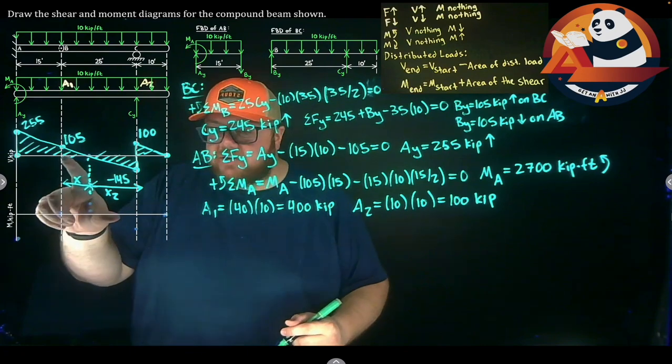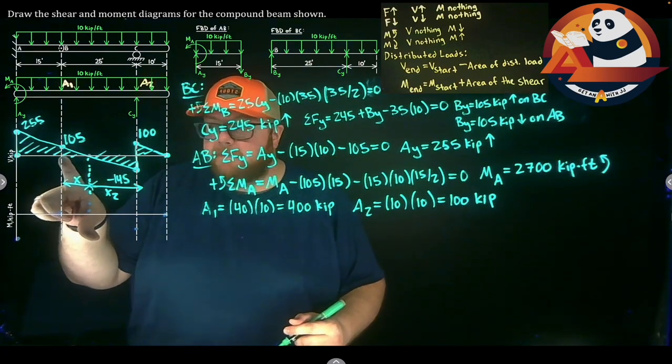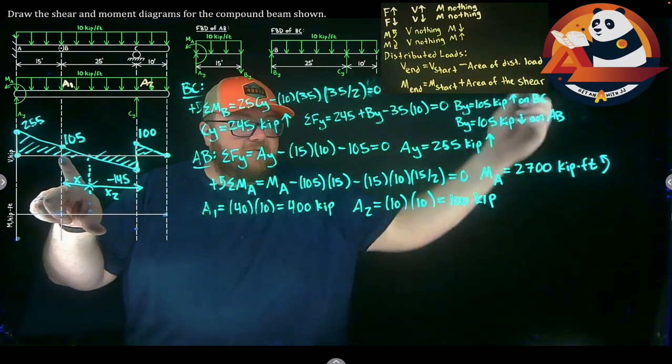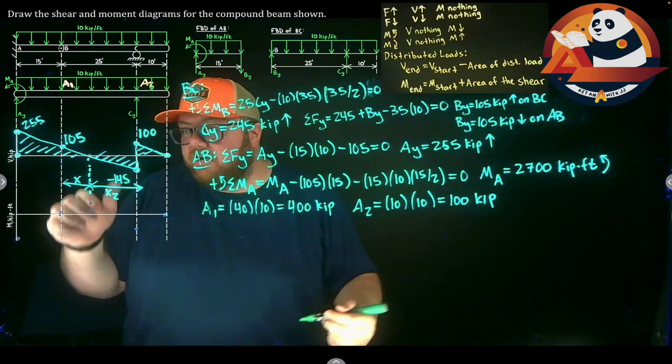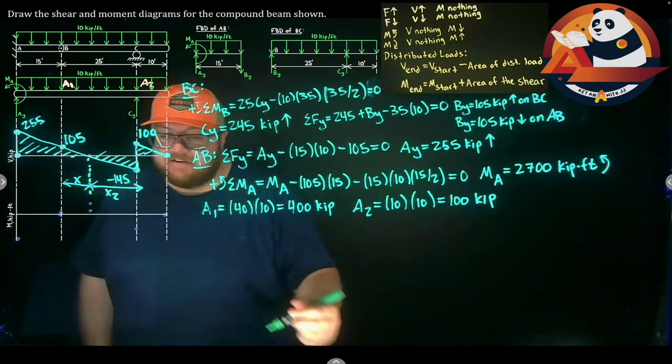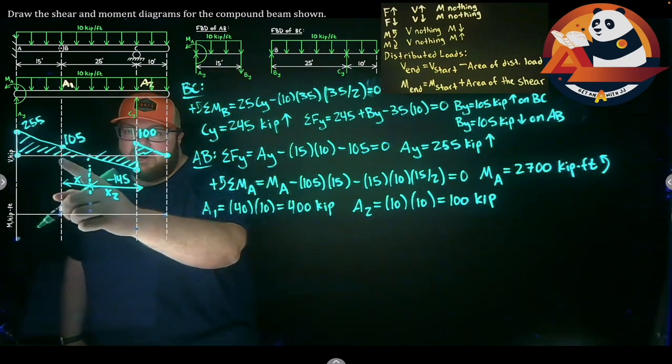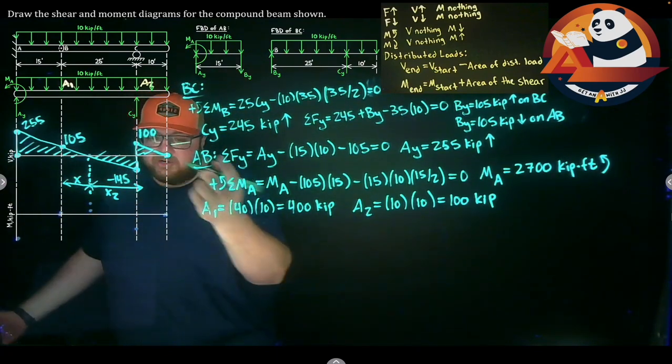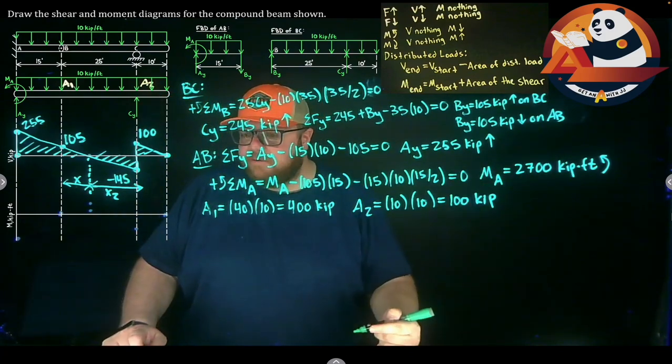But that would always be true for us. Technically, right here at this point, I have a force that goes down 105 and immediately one that comes back up 105. In that infinitely small distance, it cancels out and gets us no change in everything. But always right here, wherever that point is, our shear should be the value of our pin's y component.